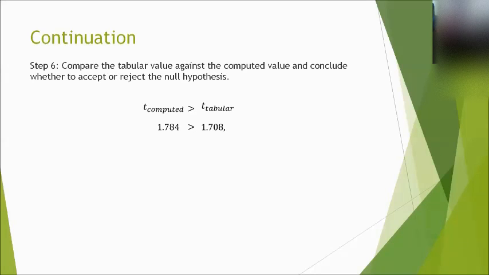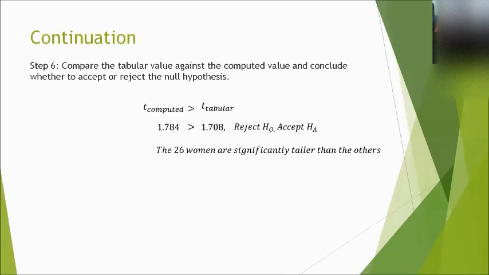Okay, so it's greater than. Therefore, we have to reject the null hypothesis and accept the alternative hypothesis. Okay, so the 26 women are significantly taller than the others. That's how you do the hypothesis testing, okay?